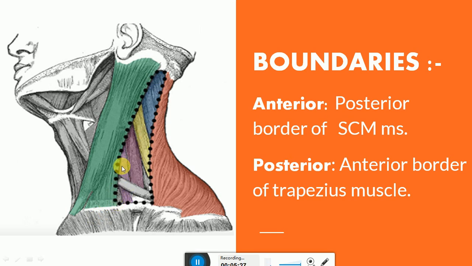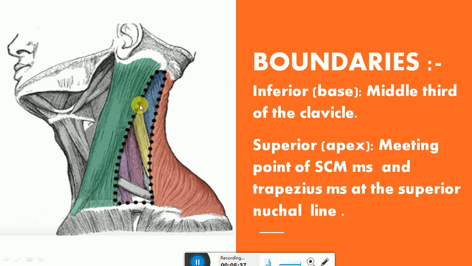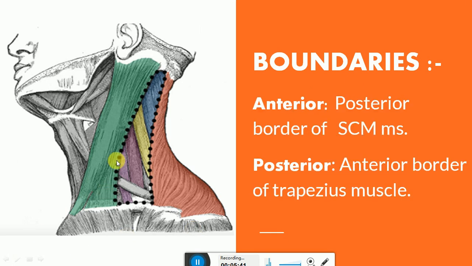So this is the anterior border and this one is the posterior border. The anterior border is formed by the green color muscle, the sternocleidomastoid muscle. This is the anterior border of the sternocleidomastoid muscle, and this is the posterior border of the sternocleidomastoid muscle.